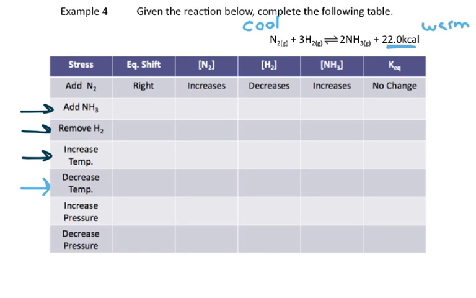So if we decrease the temperature, as always, the system will want to shift to minimize that stress. It will want to warm up. So we will shift to the right. By shifting to the right, all the substances on the right will have their concentrations increase. That is NH3 in this case.